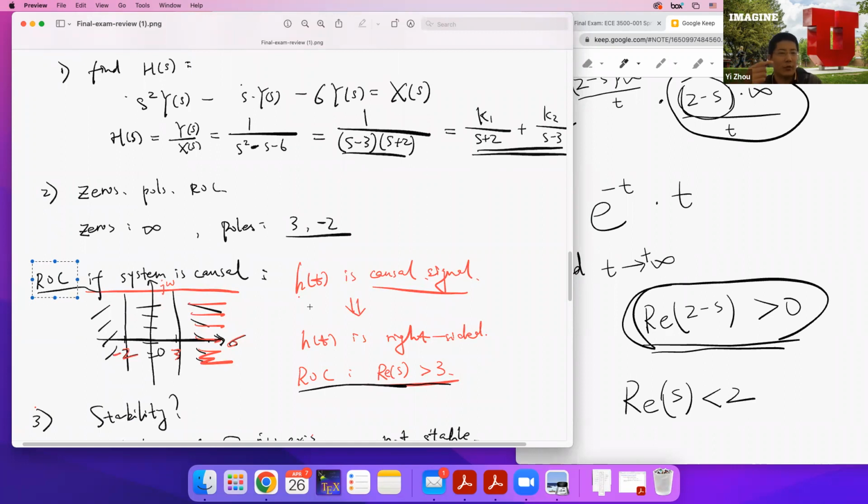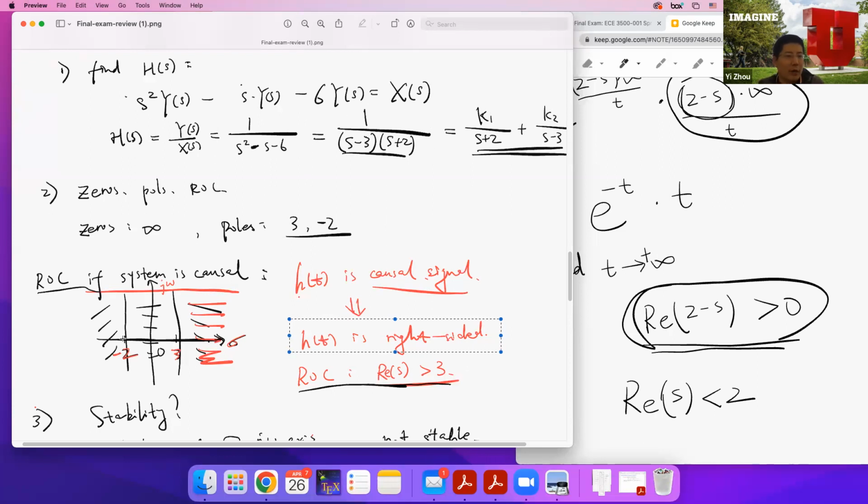We know that causal system means that the system impulse response is a causal signal. So h(t) is right-sided. And from the properties of causal systems, we know that the region of convergence of a causal system must be to the right of the rightmost pole, when the system response takes a rational form.